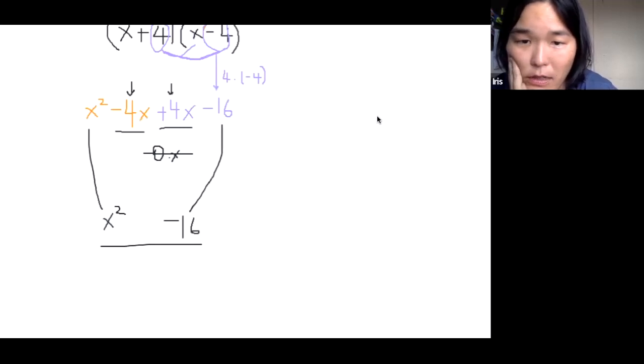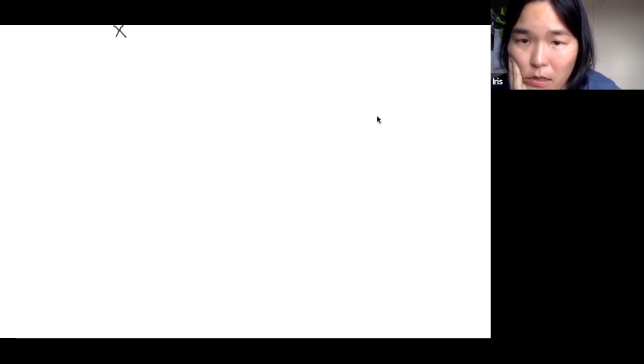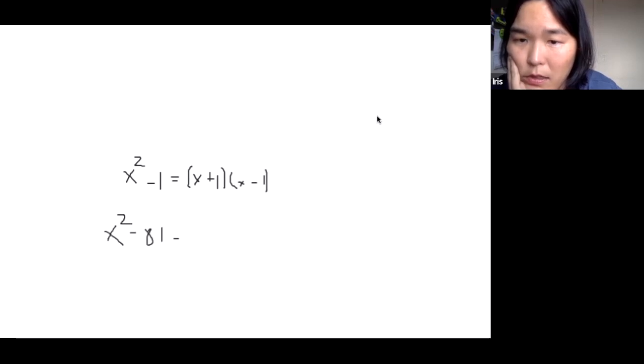So when we know this, we know how to factor all these. For x squared minus 1, it's going to be x plus 1 times x minus 1. If you get x squared minus 81, you know this is going to be x plus 9 times x minus 9.